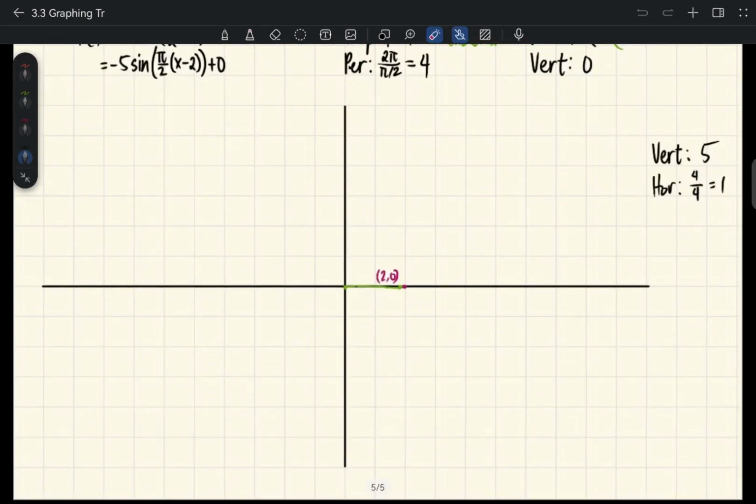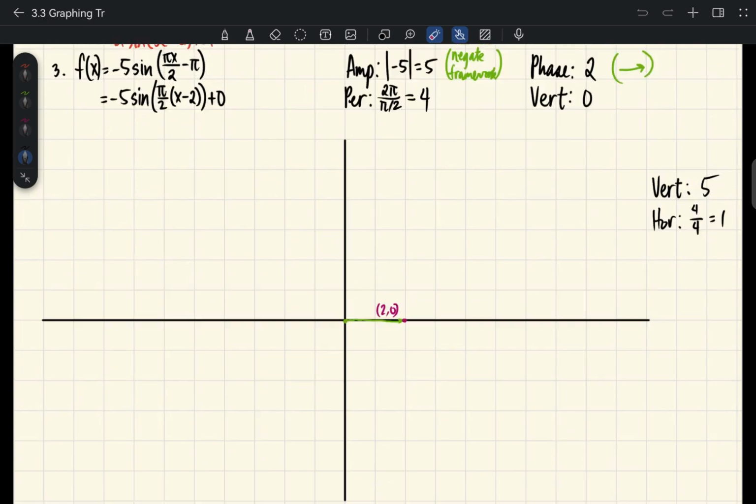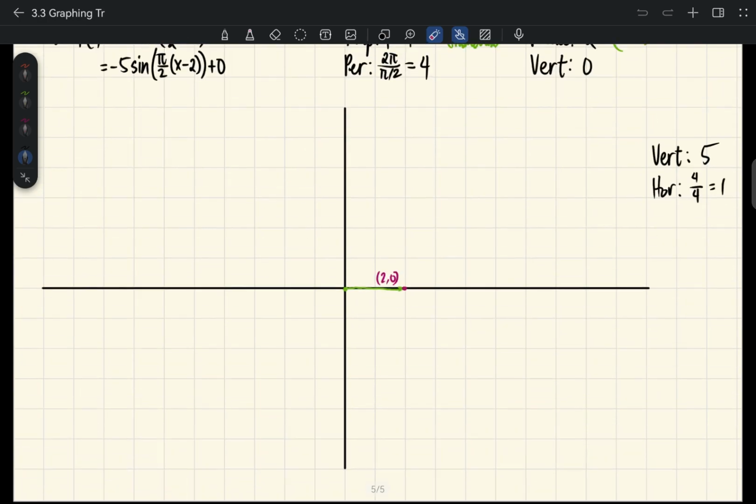So here, instead of going up, since we have a negative amplitude, we start by moving down 5 units. 1, 2, 3, 4, 5. After that, we have to move 1 unit horizontally. So we have this point right here. Since we move 1 unit horizontally, we add 1 to our x-coordinate. So that's 3.